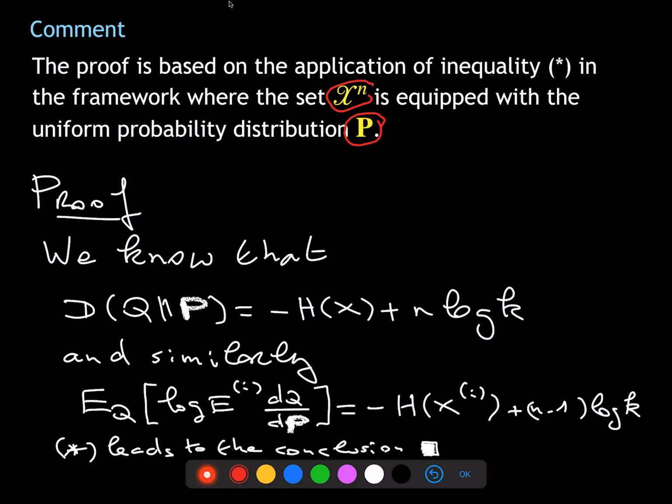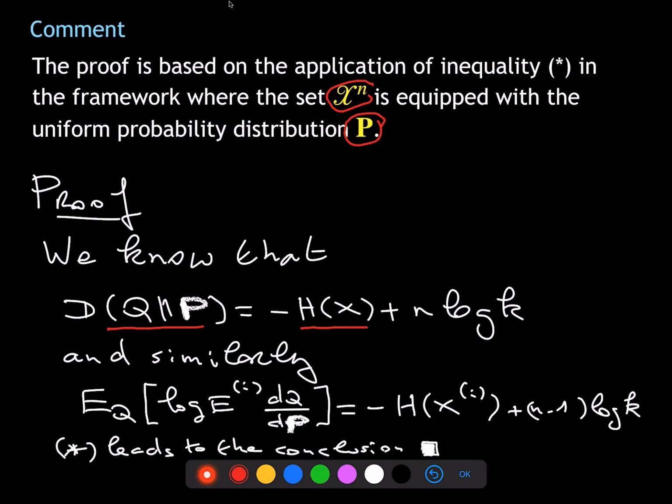We just use the relationship between a relative entropy and Shannon entropy that we have already seen, which makes the log cardinality appear. And here the log cardinality is merely the log cardinality of X^n, that is n times log k. And now we have a similar computation for the conditional objects here.